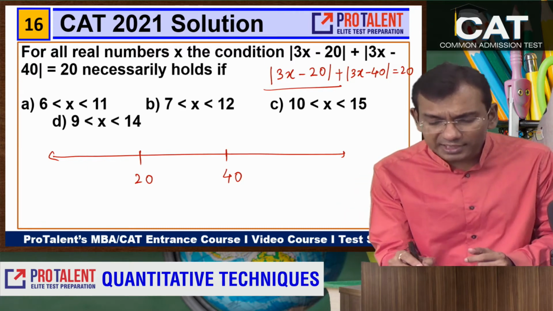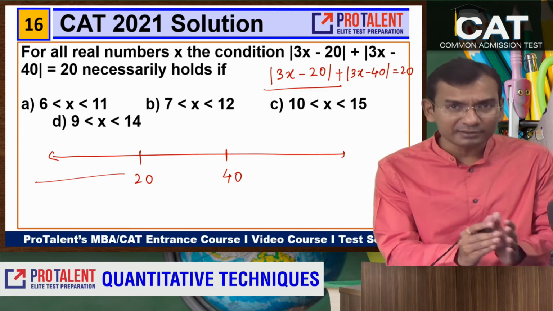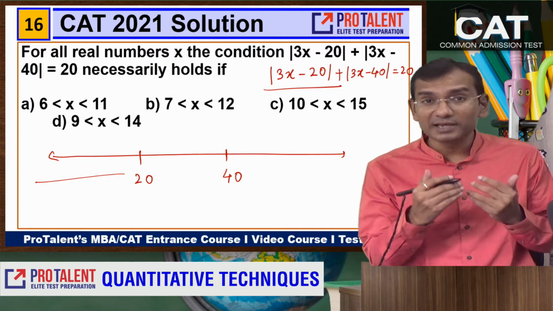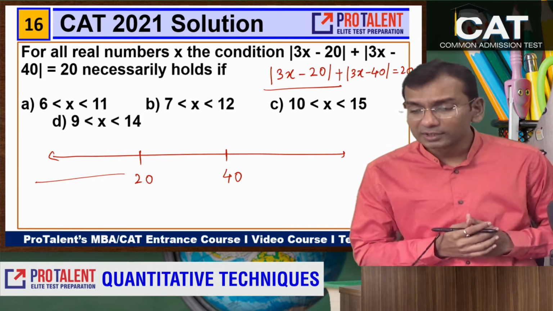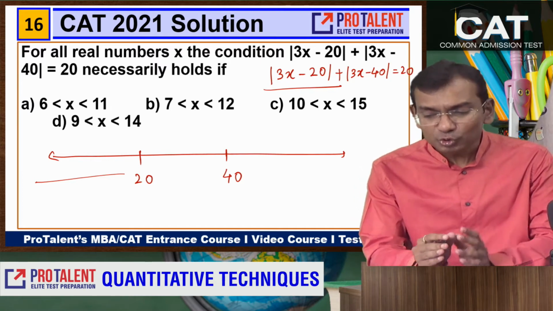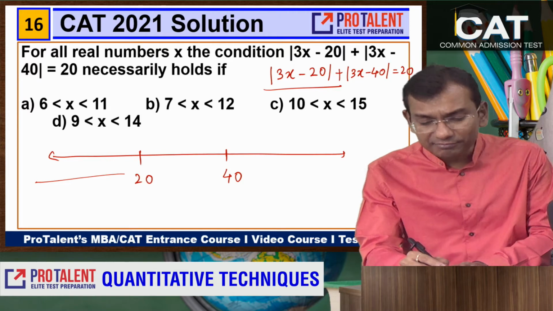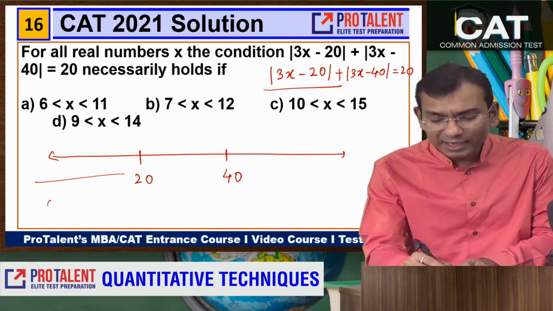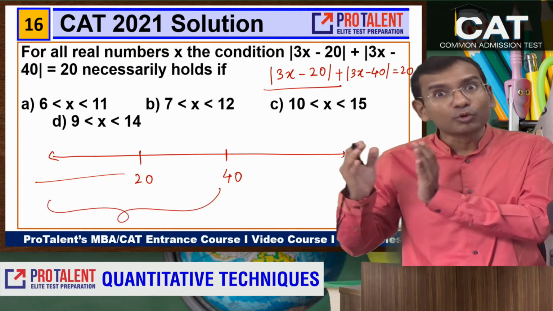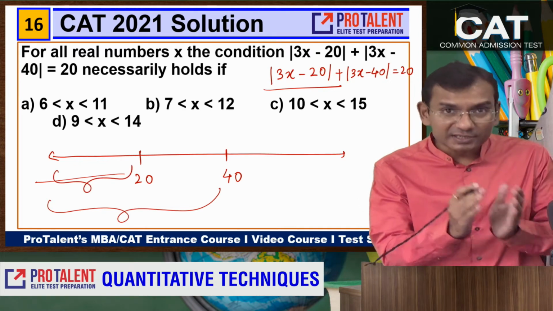So the number 3x is somewhere around less than 20. If it goes in this range, then I will be able to answer it. If I think this way, I know that the gap between 3x and 40, let's say if it is less than 20, this gap will be more than 20, plus there will be some gap, which is this.